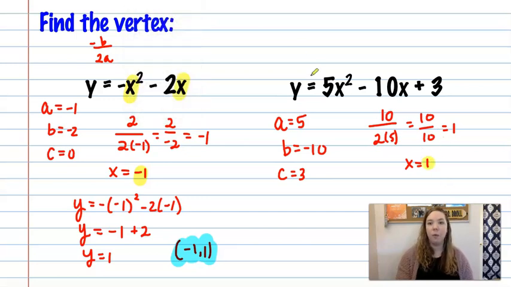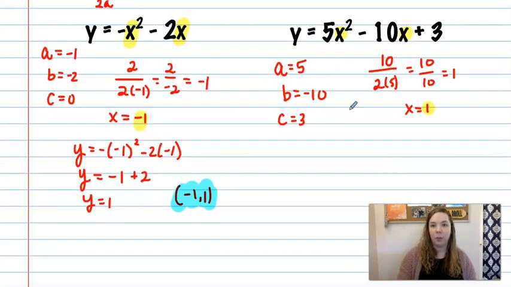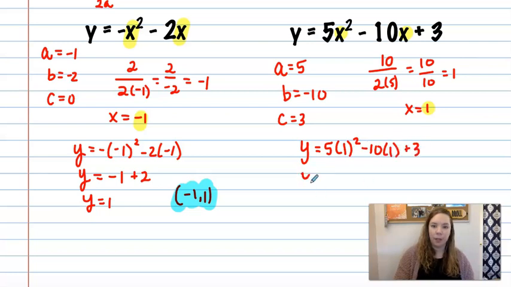So I'm going to take this 1 and I'm going to plug it in for x in my trinomial. So we have y equals 5 times 1 squared minus 10 times 1 plus 3. So this will give us 5 minus 10 plus 3, which should be negative 2. So my final ordered pair is 1, negative 2 for my vertex.